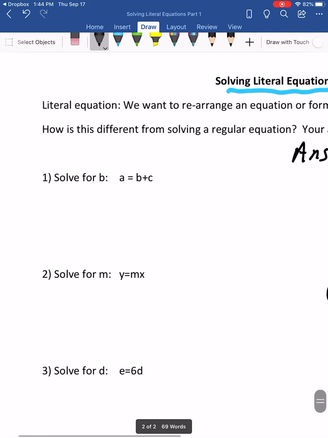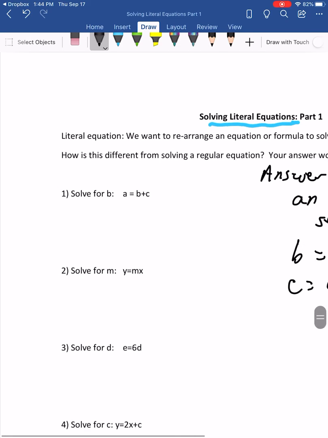So, number 1, we started talking about a equals b plus c, and we said that it's solved for a because it begins with a equals. Okay, so the directions say solve for b. So we want to make it begin with b equals. What I like to do is put a circle around the one we're solving for, b.